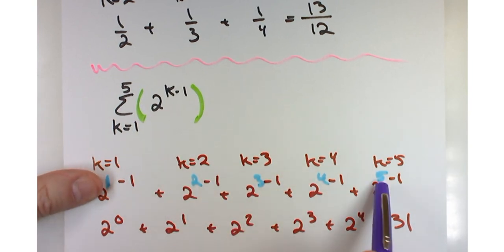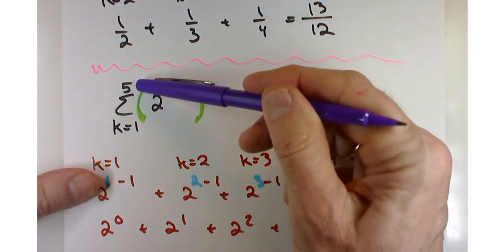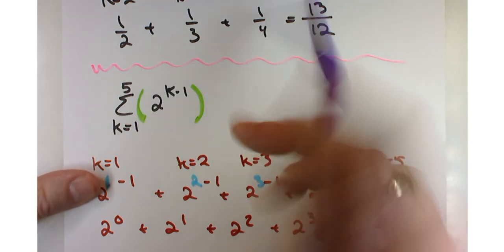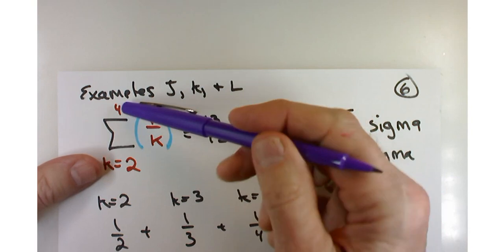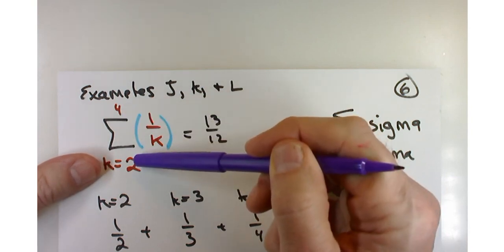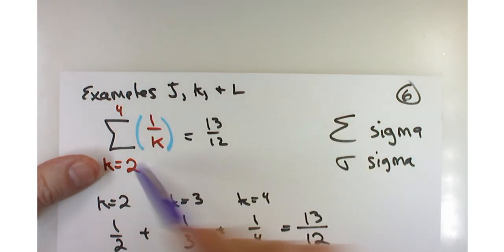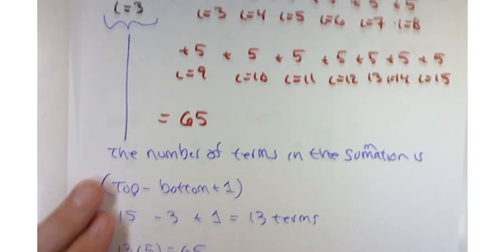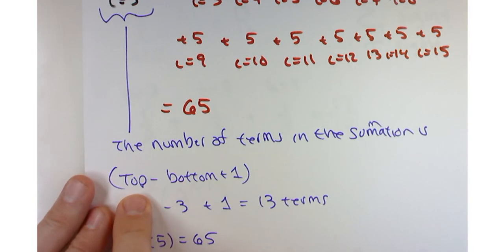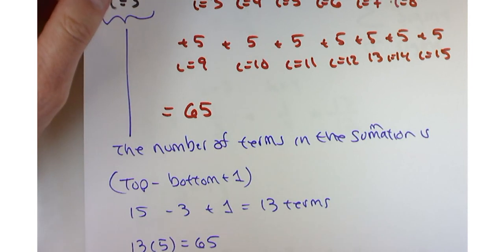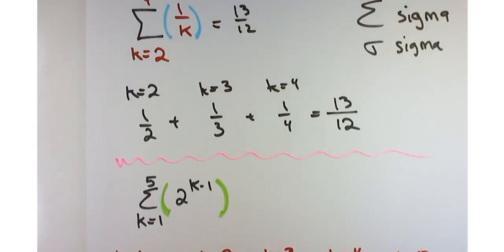There's 5 terms here, so you don't have to think about it when it starts at 1. But if it starts at something other than 1, like 4 minus 2 is 2, plus 1 gives you 3 terms. So if you're starting at something other than 1, then you got to keep in mind this little idea. The number of terms is the top minus the bottom plus 1. So it's just like not forgetting that original value you started with. Exactly. Just a way to think about it.